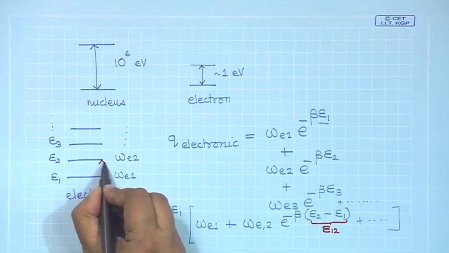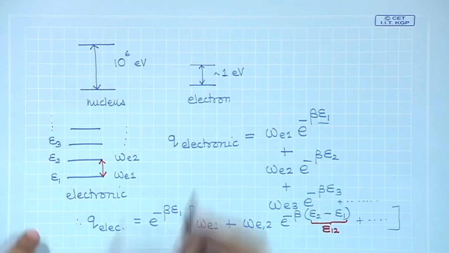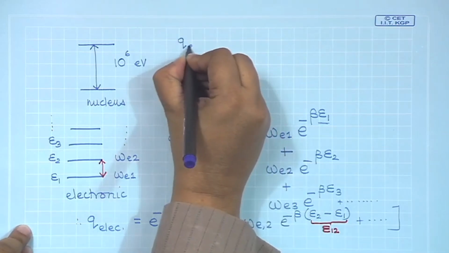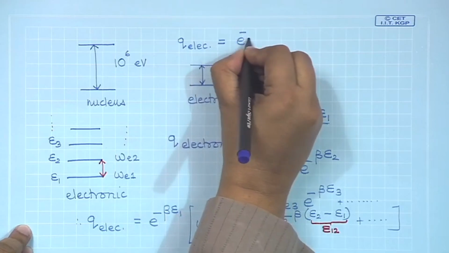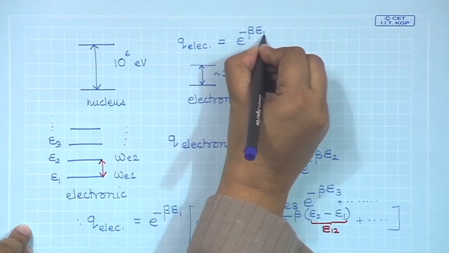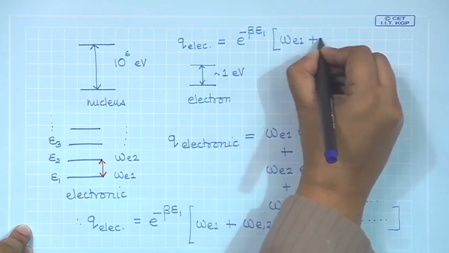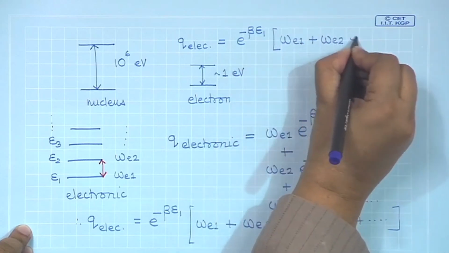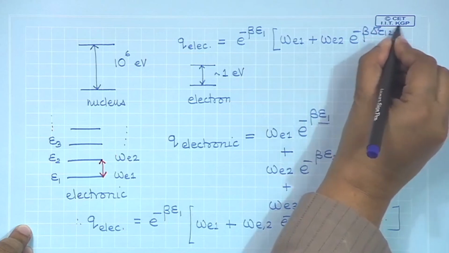If that is so, then I can very easily write that my q electronic is e to the power of minus beta epsilon 1 into omega E1 plus omega E2 into e to the power of minus beta delta epsilon 1 2.